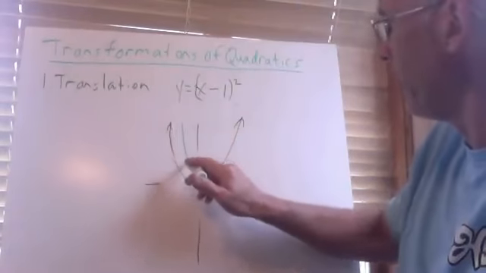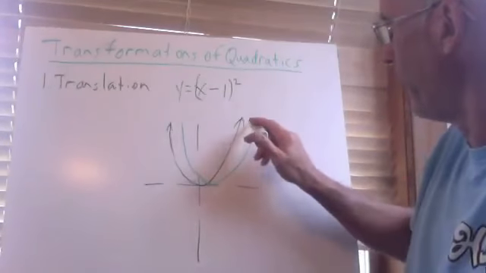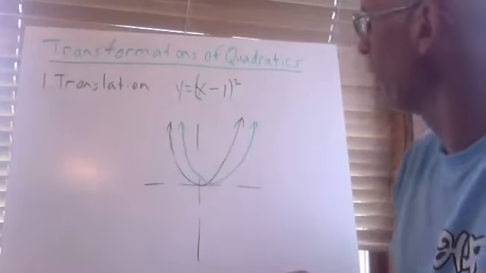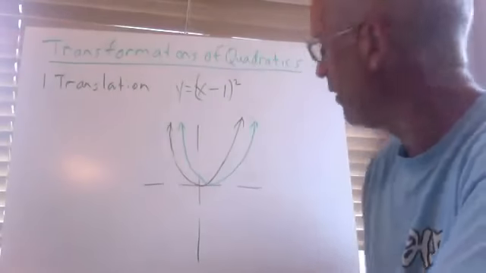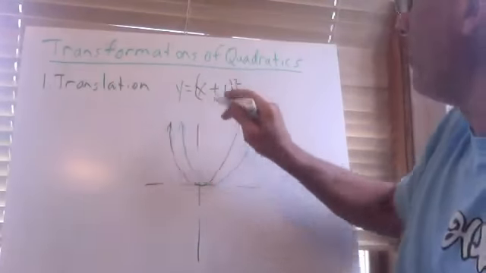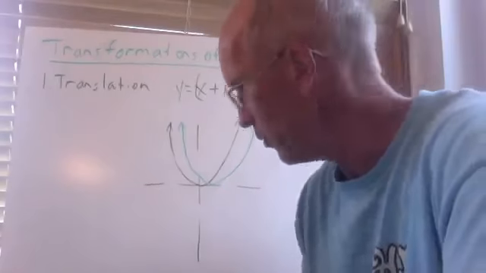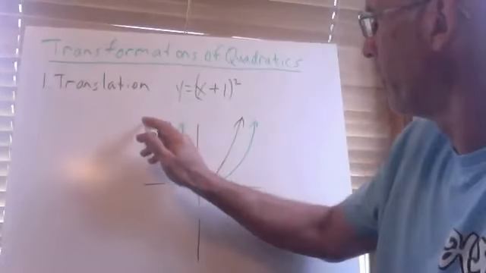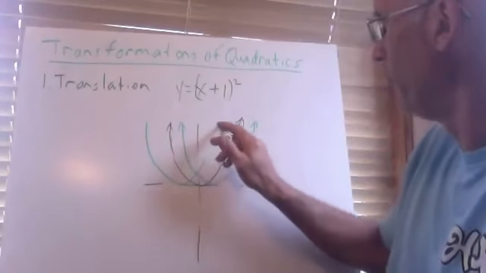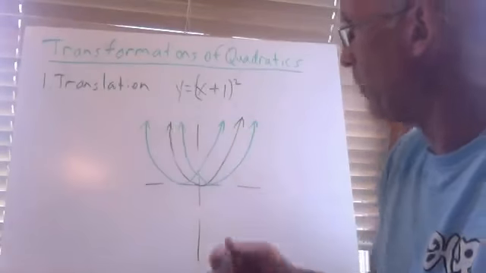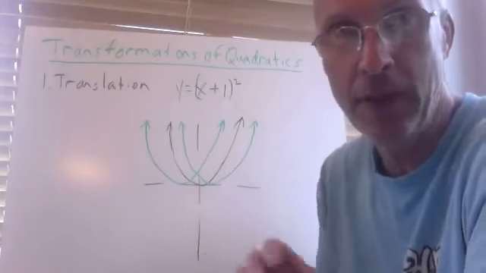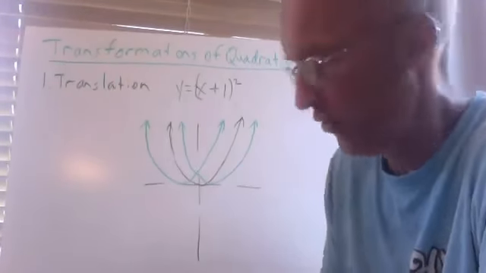So it's going to be like this, there. If I take this and I add to it, it's going to move it to the left. Same shape, but moved right or left. Okay, so those are translations.